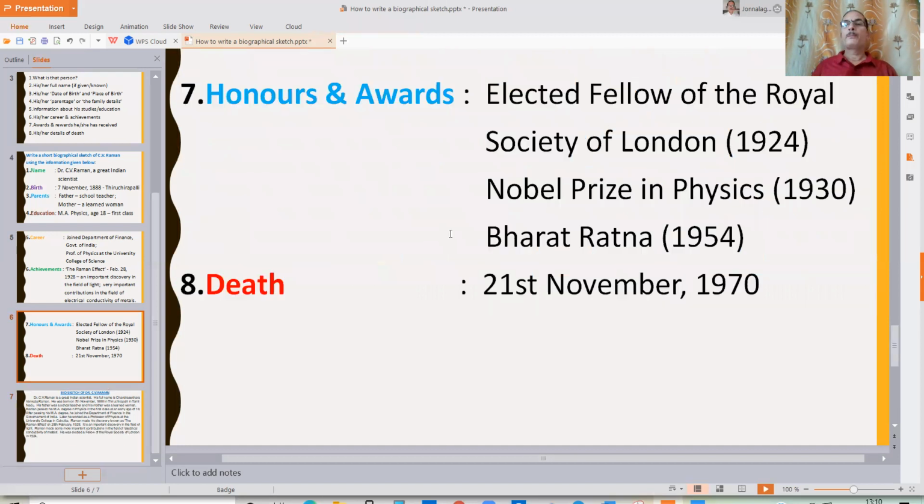Okay. Then Nobel Prize in Physics 1930, Bharat Ratna in 1954. So these are the highest prizes or awards that he received in his life for his great contribution to the field of physics, science, otherwise. So before we mention the prizes that a person has received, we can write one standard sentence here.